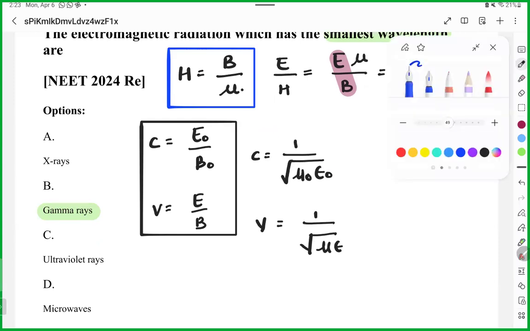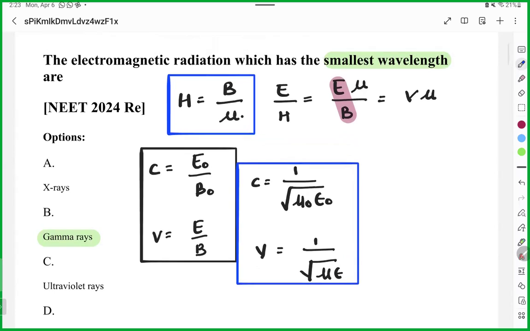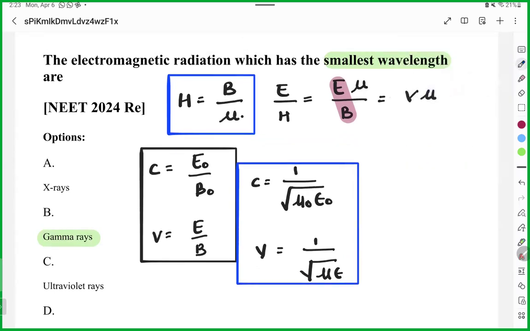Any doubt? Correct? So in that case, V value is also equal to 1 by root nu epsilon.